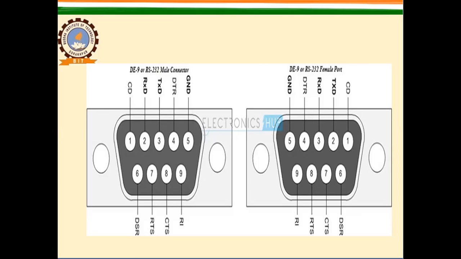And if you look at the female connector, the numbering is from right to left. There is a change in numbering of pin number 2 and 3 also. Here pin number 2 is TXD, whereas in the male connector pin number 2 is RXD. So both these pins change their role.